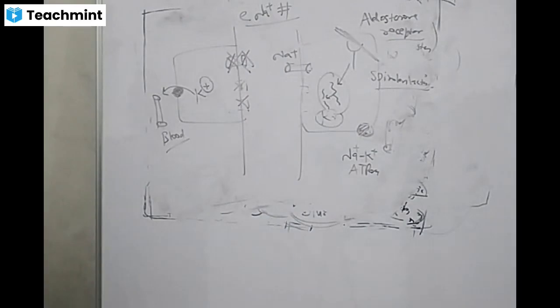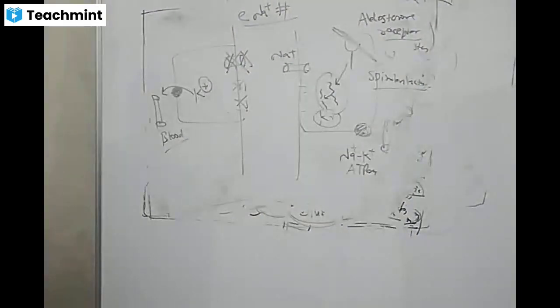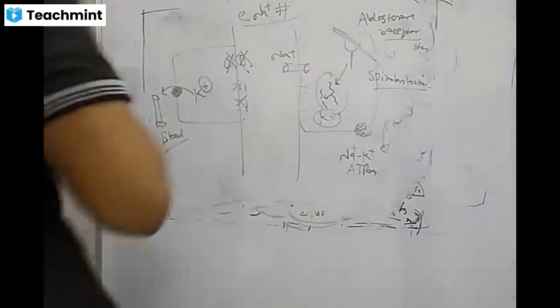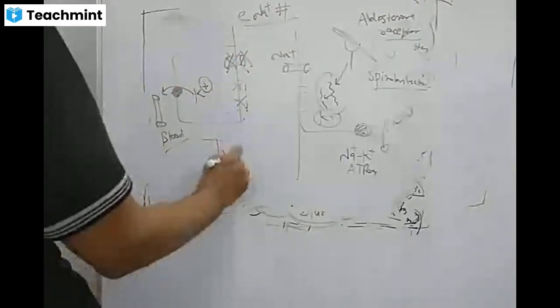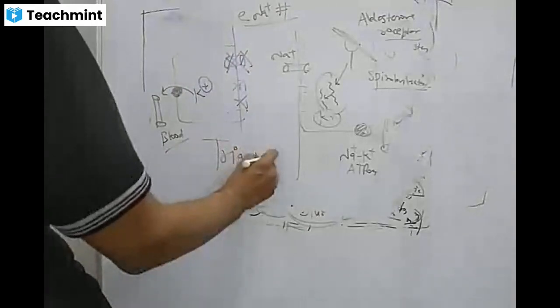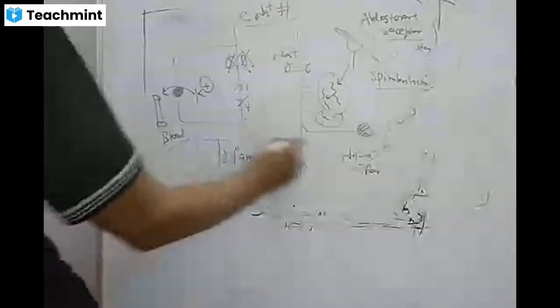One is working with the help of a receptor, which receptor, your aldosterone receptor, and the drug is spironolactone. And the other one is just acting through the epithelial sodium channel. And this drug is known as triamterene, and this is spironolactone.